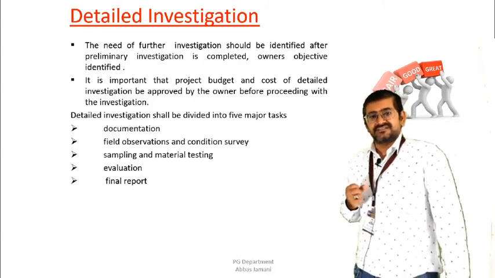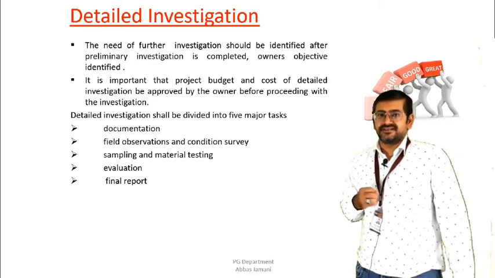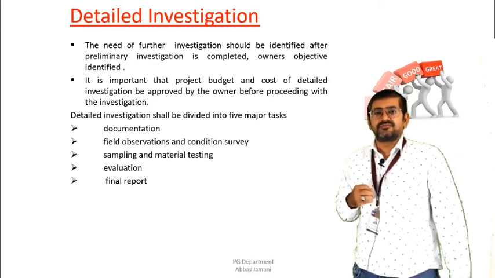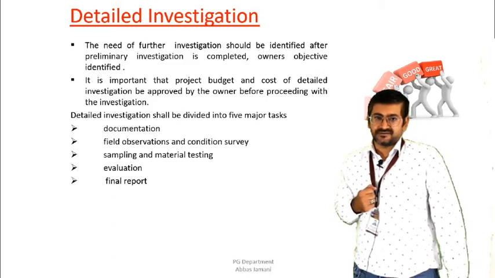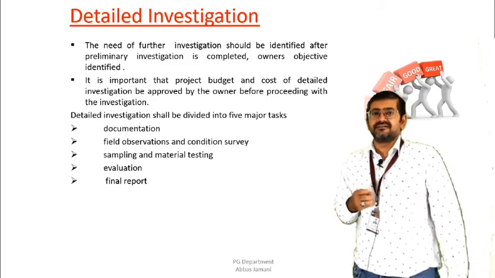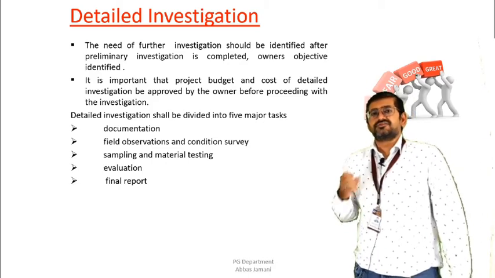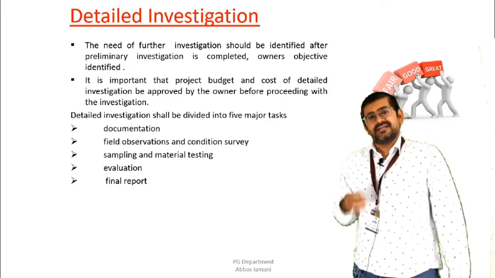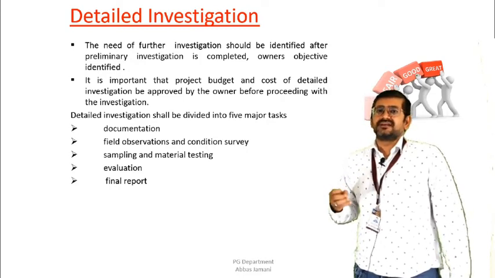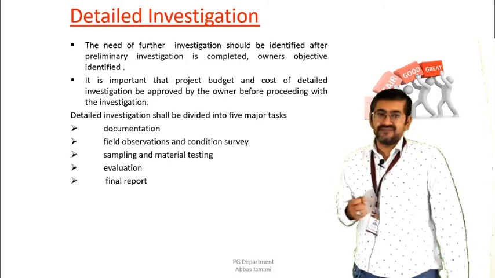After the preliminary investigation is done, when you take up the detailed investigation, you need to plan and prepare for the documentation. You need to collect all the necessary information required for carrying out the detailed investigation, and whatever information you get should be properly filed, and when you submit the report, all these documents need to be handed over to the client.